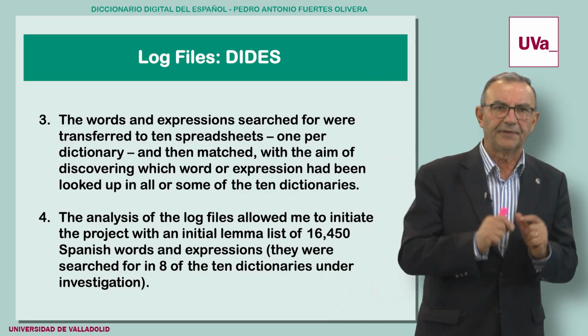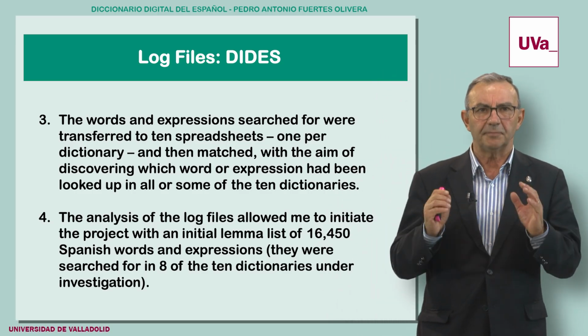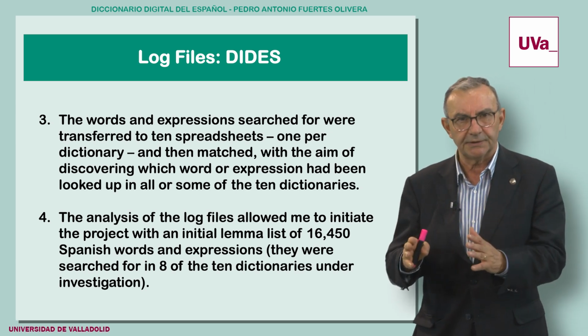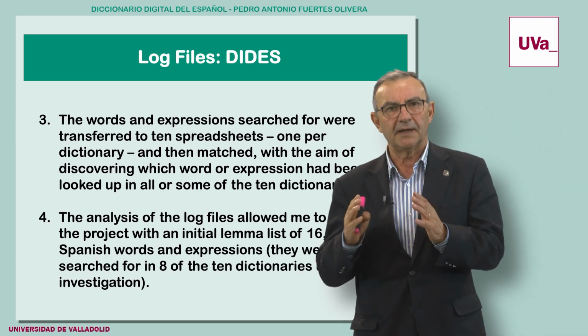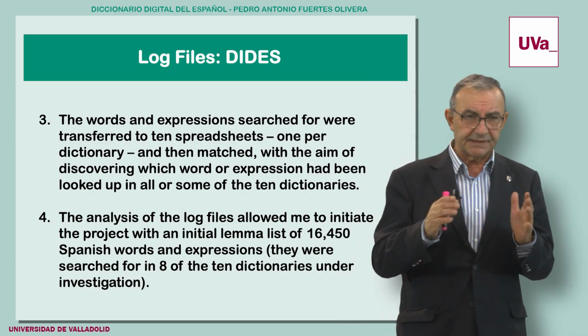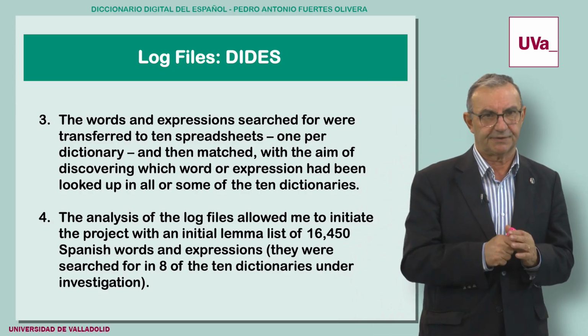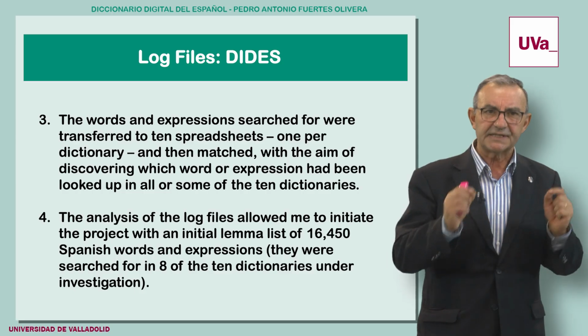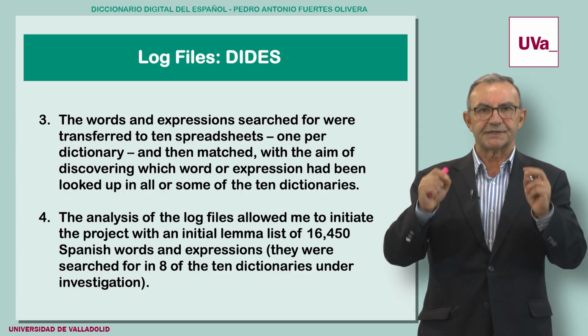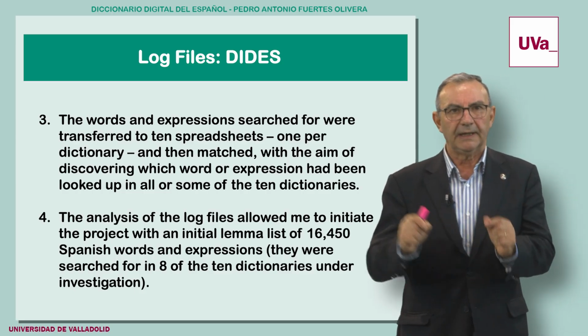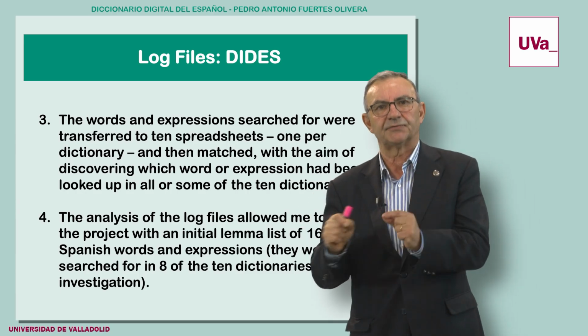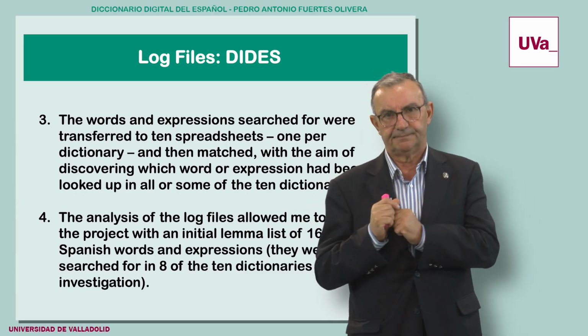The analysis of the log files allowed me to initiate the project with an initial lemma list of around 16,000 Spanish words and expressions. And these Spanish words and expressions were searched for in 8 of the 10 dictionaries under investigation.